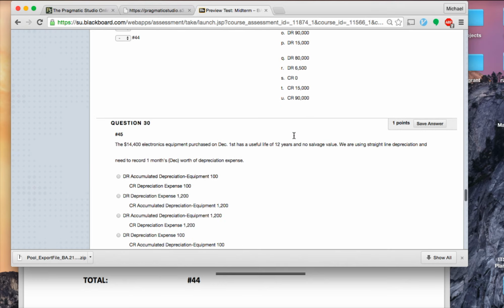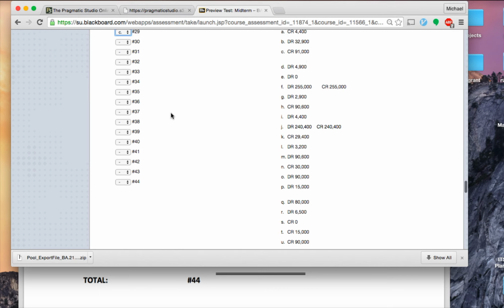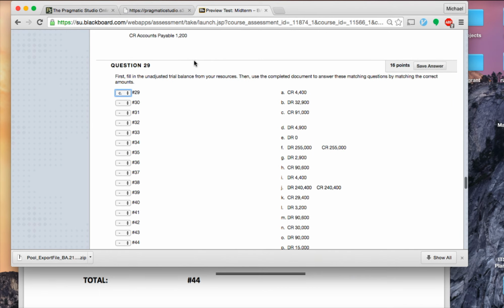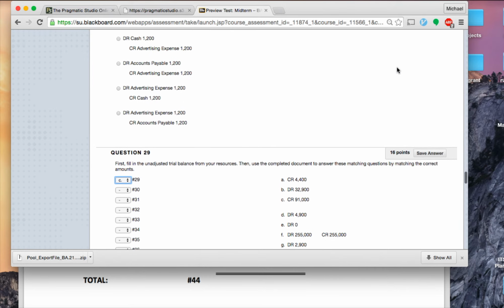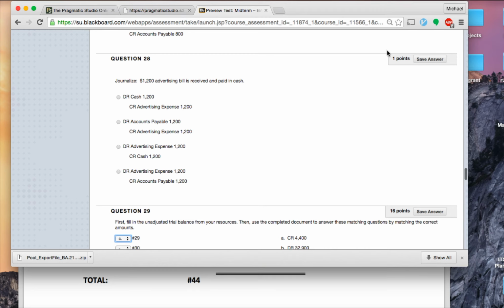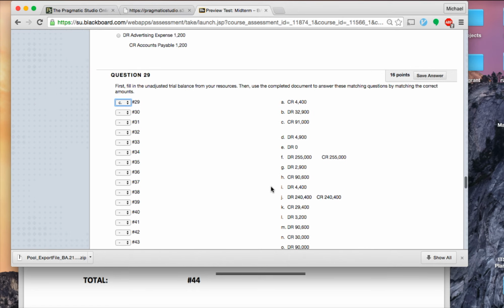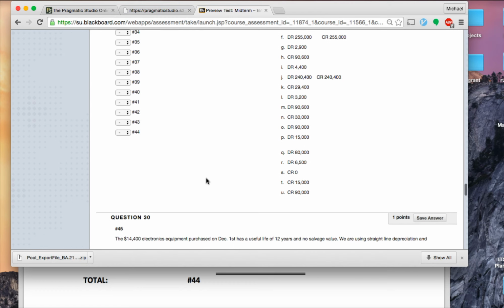Then, starting with question 45, or as it's numbered in the exam, question 30, this is where the numbers get thrown off a little bit because your exam treats all of these as if they're one question. But you can see over here you get 16 points for that versus just the 1 point that you get for each of these other questions. So this is actually 16 questions, but your exam treats it like one in Blackboard.